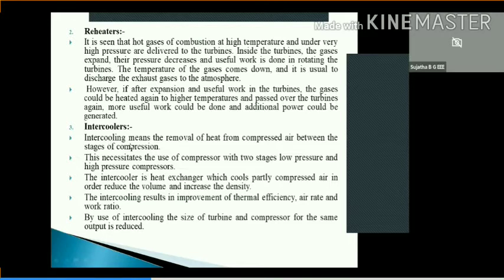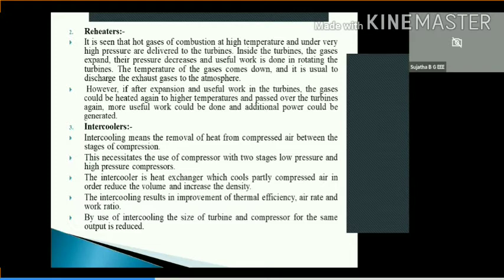Intercooler. Intercooling means some removal of heat from the compressed air between the stages of compression. This necessitates the use of a compressor with two stages, low pressure and high pressure compressor. The intercooler is a heat exchanger, like you have seen earlier, which cools partly compressed air in order to reduce the volume and increase the density.